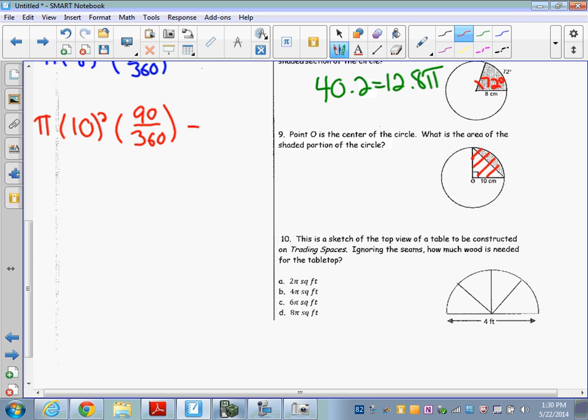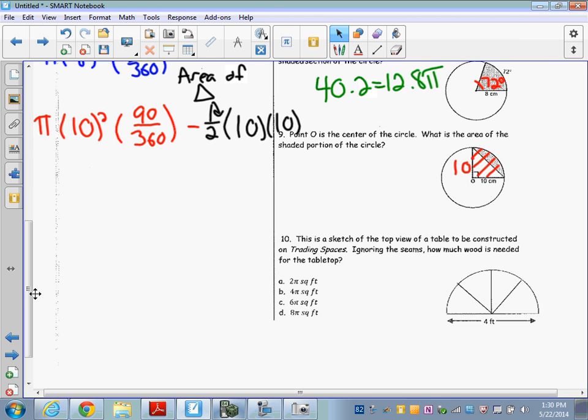I need to subtract the area of the triangle. So remember, this triangle has a base of 10 and a height of 10. So it's going to be 1/2 times 10 times 10. This is the area of the triangle. I'm subtracting it because it's not being shaded in.